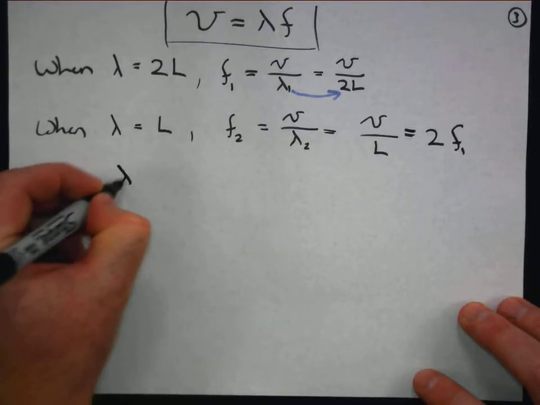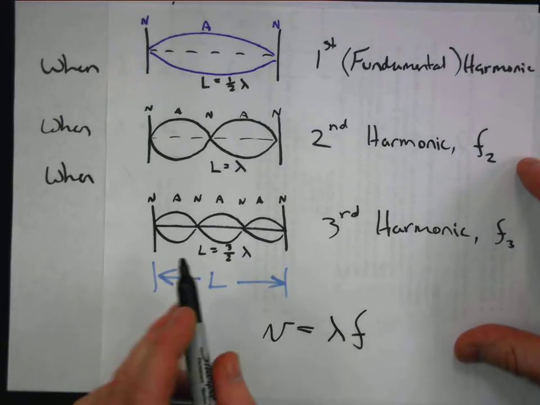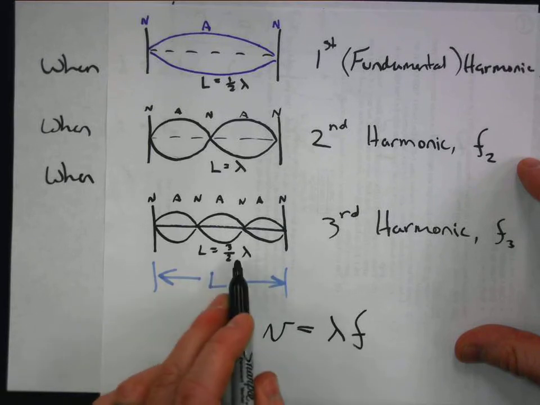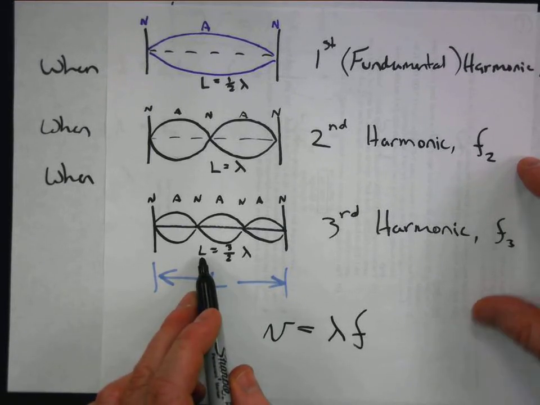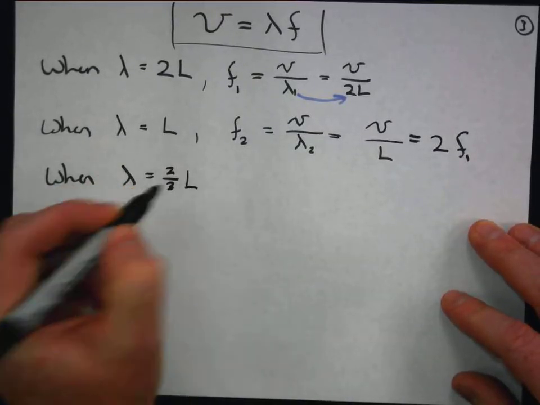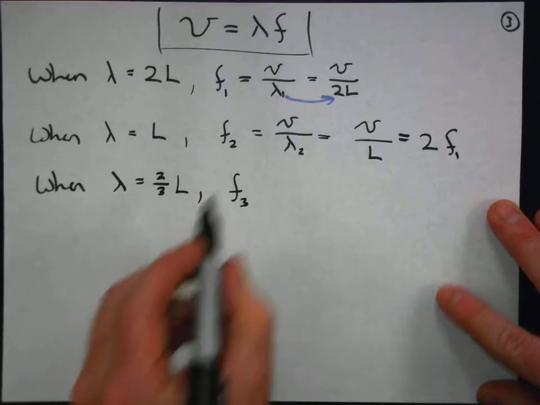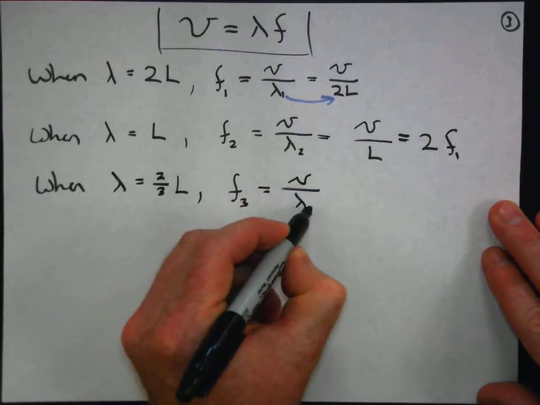How about when the wavelength equals, well, what was the third harmonic? What do we say here? L is 3/2 of the wavelength. So wavelength is 2/3 of the length of the string. This third harmonic frequency is going to be velocity divided by this third wavelength.